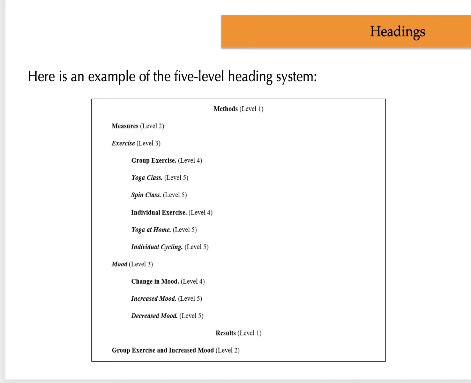Level 3 is also flush left and bold, but it's italicized, as with Exercise. Then we move to the next levels, 4 and 5. Levels 4 and 5 are both indented: 4 is indented and bold, and 5 is indented, bold, and italicized. So it's basically just going through that.